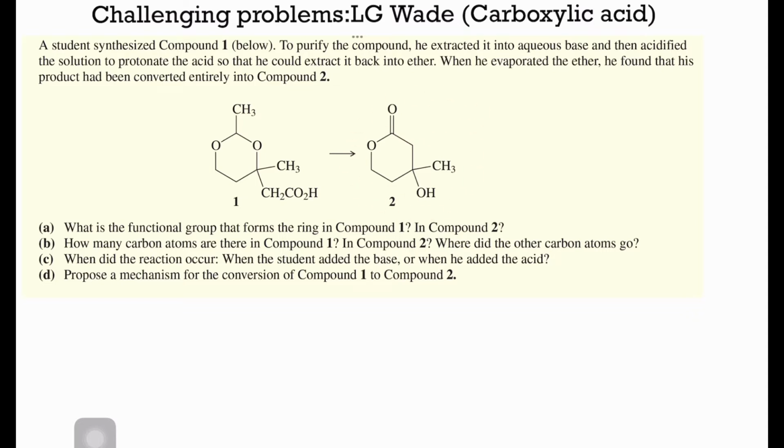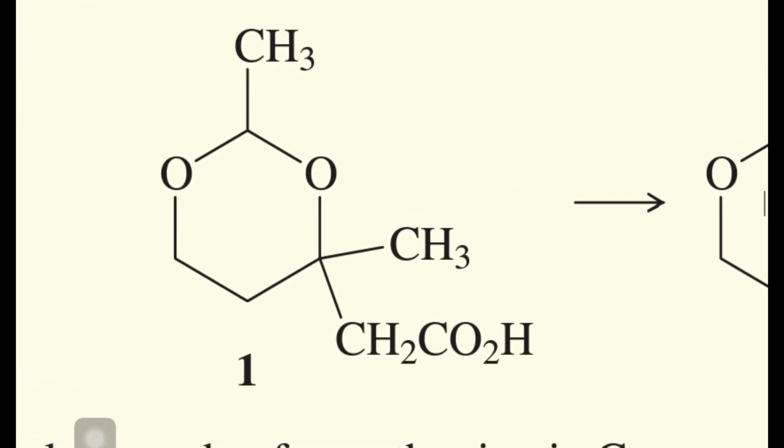So on the basis of that, we have to answer the following question. The first is, what are the functional groups that form the ring in compound 1? So basically the functional groups in compound 1, we can see here. We have this functional group, this one entire, that is basically acetal functional group because there is hydrogen.